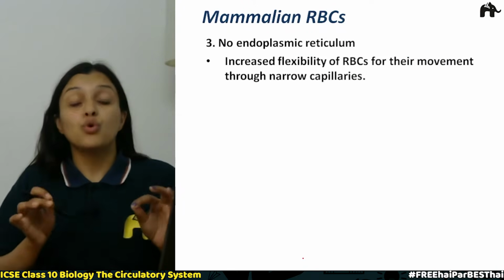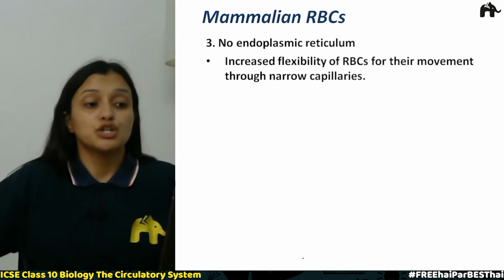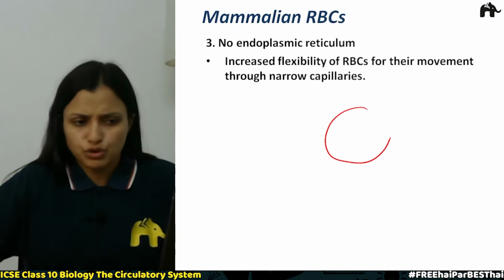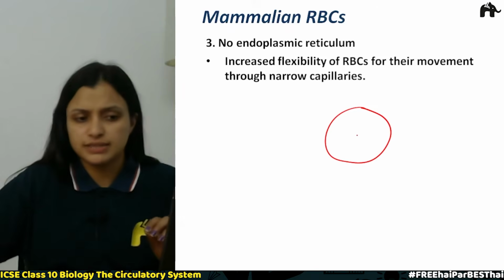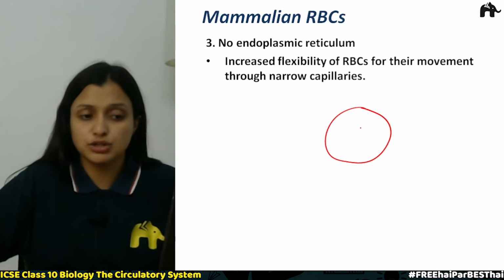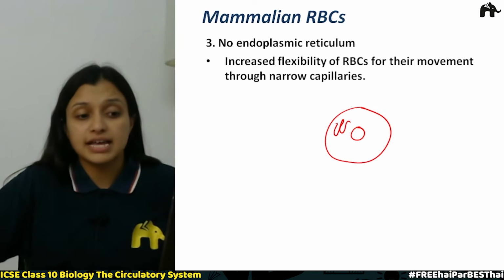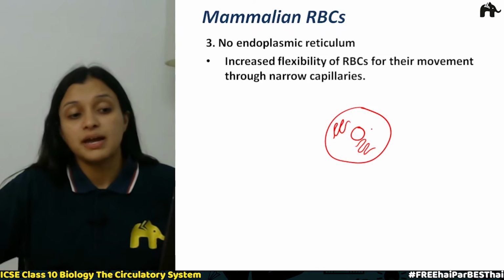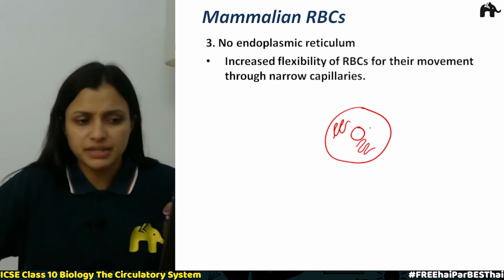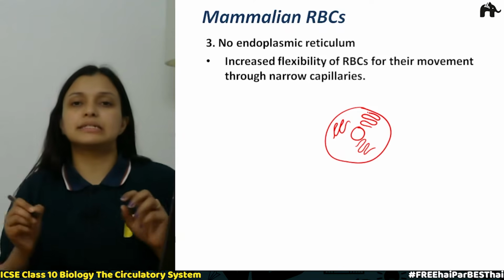So now, no endoplasmic reticulum. If you talk about the structure of the cell, this is a normal cell, right? It has a nucleus, it has endoplasmic reticulum, which is spread widely inside the cell.